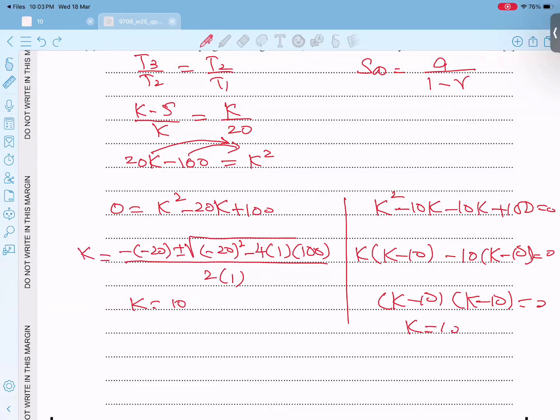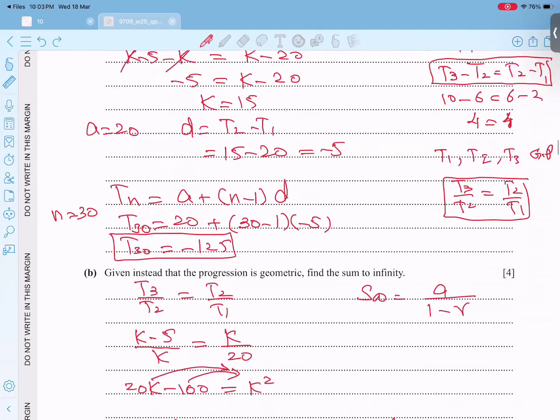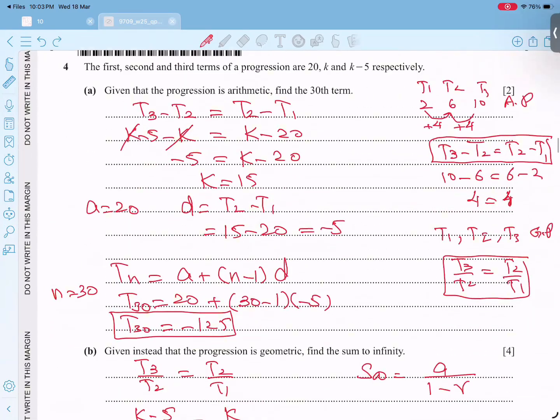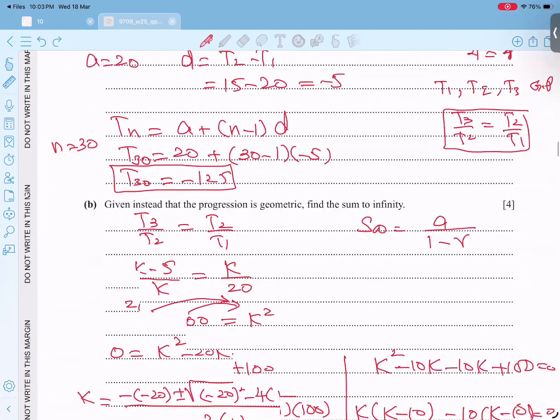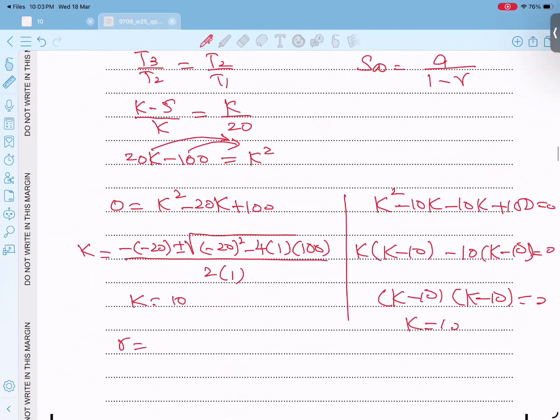Anyway, we got this k value, but I'm looking for r, and r is not 10. R is a simple technique: second term by first term, which is k by 20. The common ratio depends upon second term by first term. Second term is k, so I got 10 by 20.